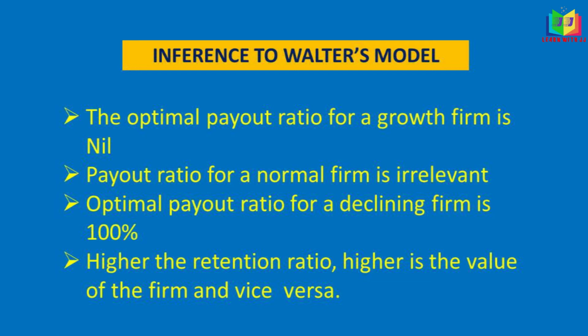The payout ratio for a normal firm is irrelevant because there won't be any optimum payout ratio, and the optimum payout ratio for a declining firm is 100%, that is, 100% of the profit is to be distributed to the shareholders, and they can invest in any other securities.